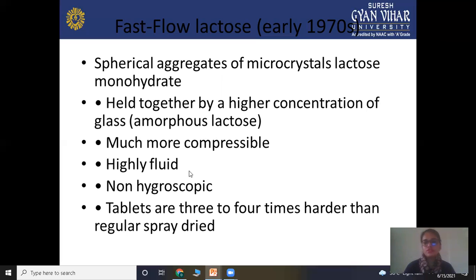Means when you use this fast flow lactose, your tablet has good hardness, if required to formulate a controlled release or long-term release tablet. In this condition this fast flow lactose is very good because it forms a very hard tablet, 3 to 4 times harder than regular spray dried lactose. Means regular lactose as well as spray dried lactose do not form a tablet of sufficient hardness. Thus, this fast flow lactose is responsible for formulating a sufficiently hardened tablet.